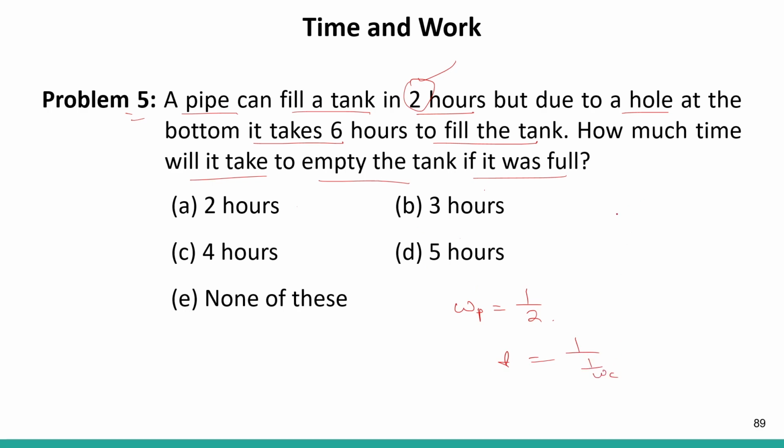So WC is equal to WP minus WX, where WX is the work rate of the hole. So this is equal to 1 by 2 minus 1 by X, where X is the time it takes for the hole to empty the tank. So how much time will it take to empty the tank if it was full?